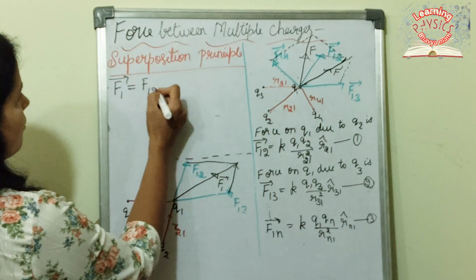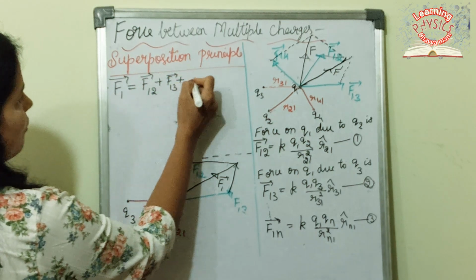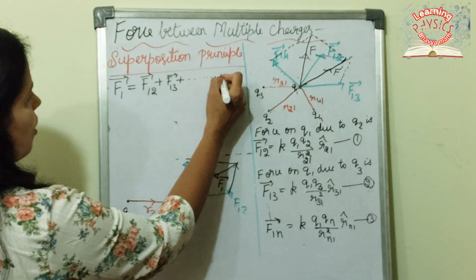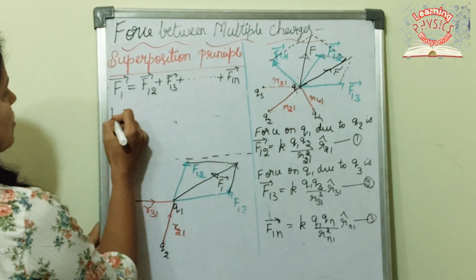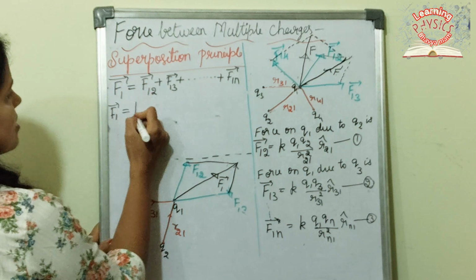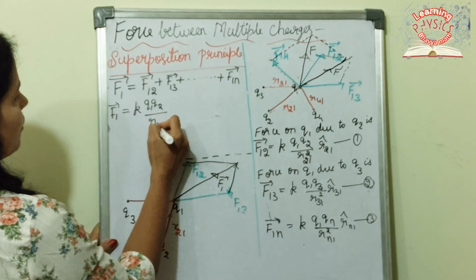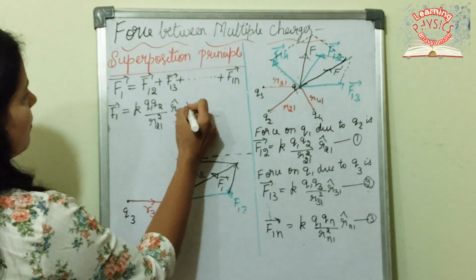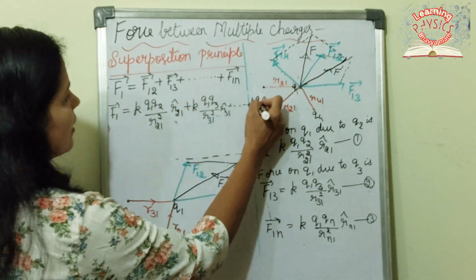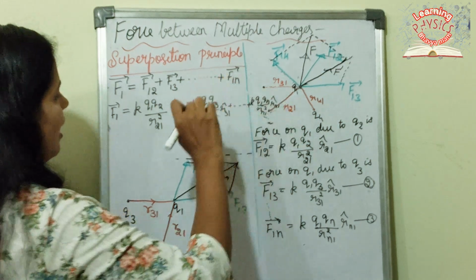That is F12 plus F13 plus F14 plus so on plus F1n. So here, that is constant K, Q1, Q2 by R21 square, R21 cap, plus and so on, plus constant K, Q1, Qn by Rn1 square, Rn1 cap.